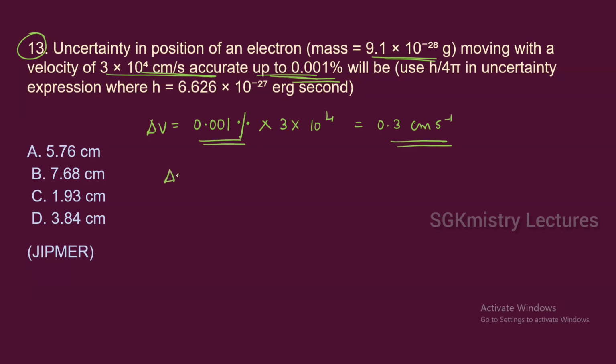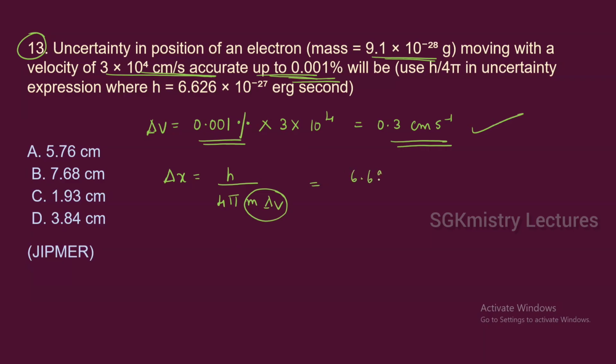Now, delta X will be h by 4 pi into m into delta V. Now that m delta V is nothing but the momentum, right? So delta P will be equal to m delta V. Now delta V we already have, so multiply it by the m, the mass that is given.